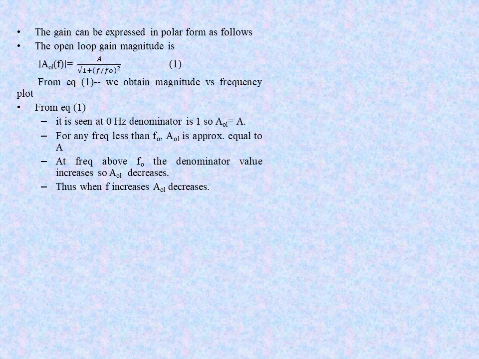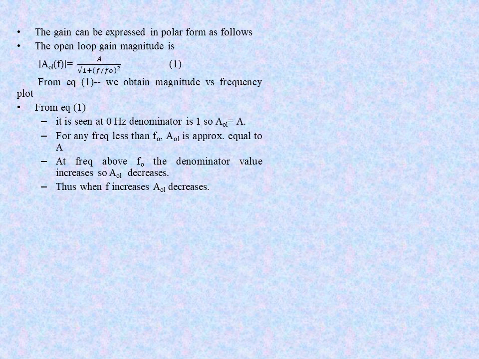First is that at 0 Hertz, if the operating frequency is 0, then what happens? This will be 0 and AOL will be simply A. So what does this show?